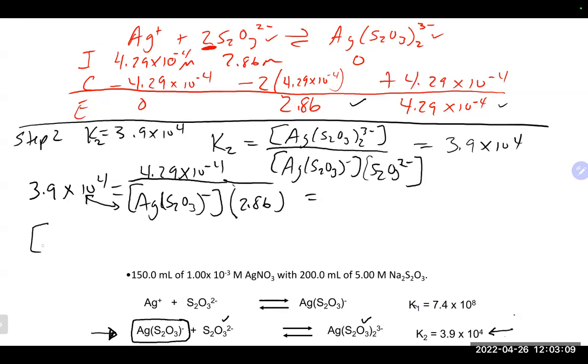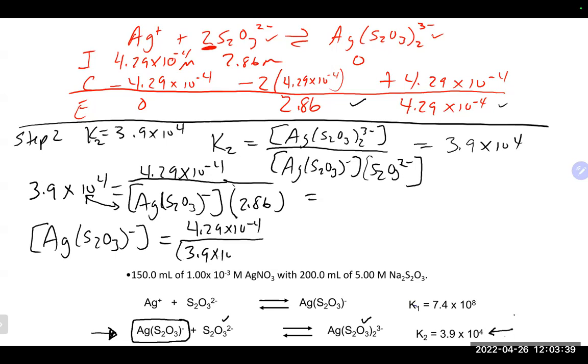This one, which is what we're looking for, one of the answers, would equal 4.29 times 10 to the minus 4 divided by 3.9 times 10 to the fourth and 2.86.